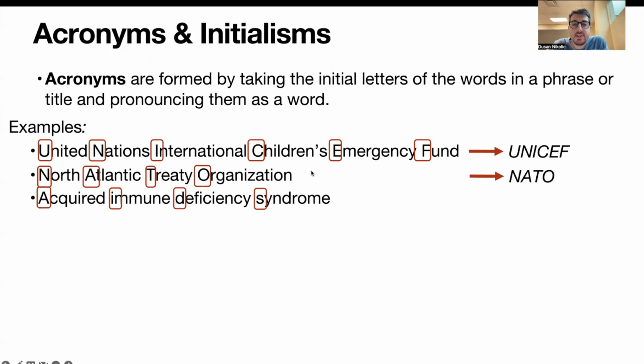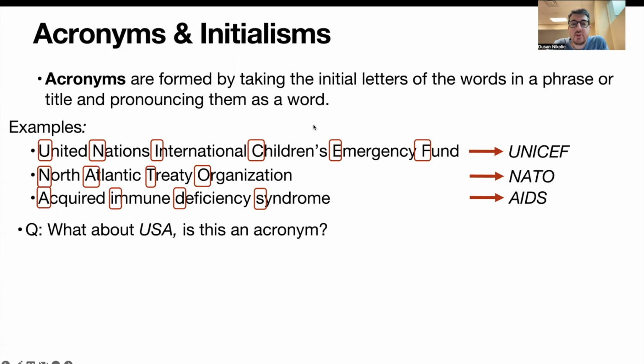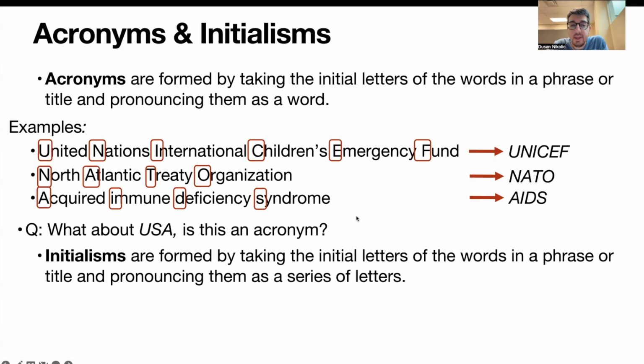Acquired Immune Deficiency Syndrome, we produce as AIDS. So these are acronyms. What about USA? Is this an acronym? Well, not really. It's an initialism. Initialisms are formed in the same exact way, but initialisms are produced as a series of letters, and acronyms are produced as words. So this is the main difference between the two.